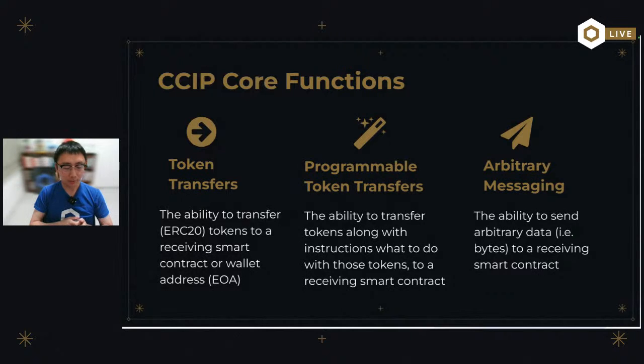By doing this, we actually transfer a message to tell the protocol, the bridge, or the cross-chain infrastructure that we have already locked our tokens on the source chain, and please give some tokens on the destination chain to my address. If we can transfer this message from the source chain to the destination chain, we can achieve the token transfer. We can achieve the cross-chain message. We can achieve the cross-chain transaction, right?